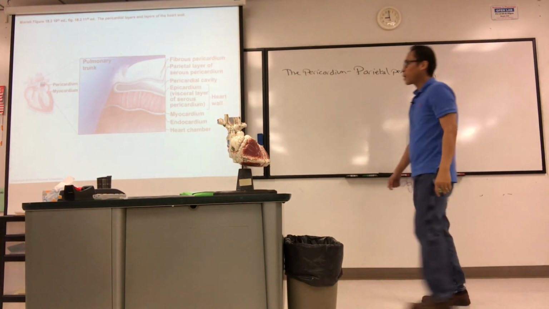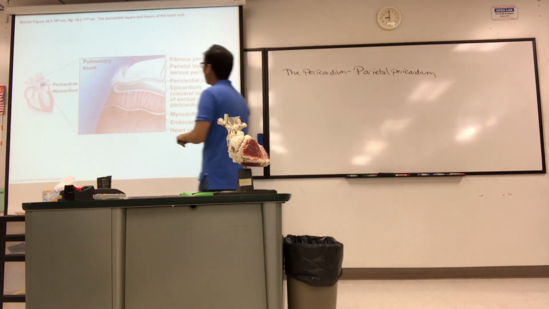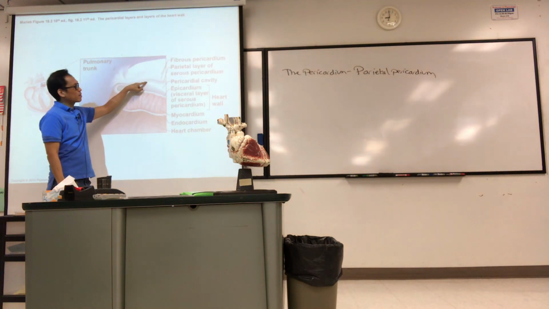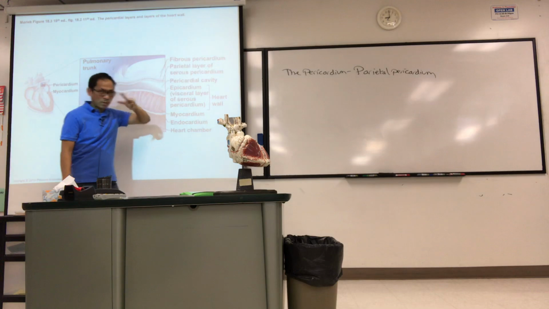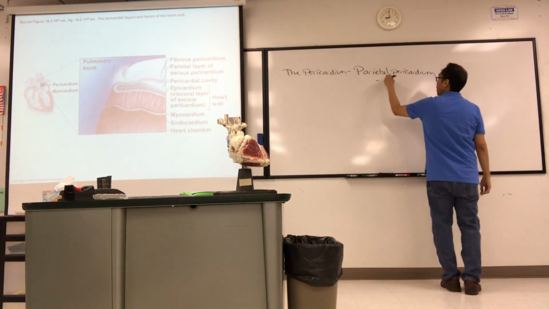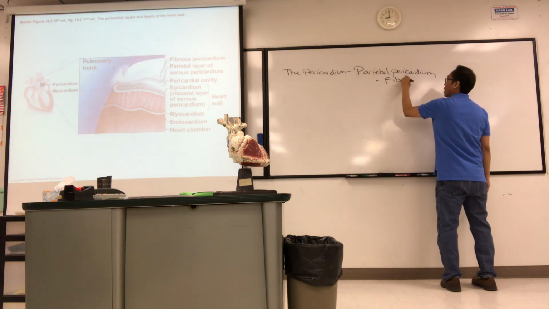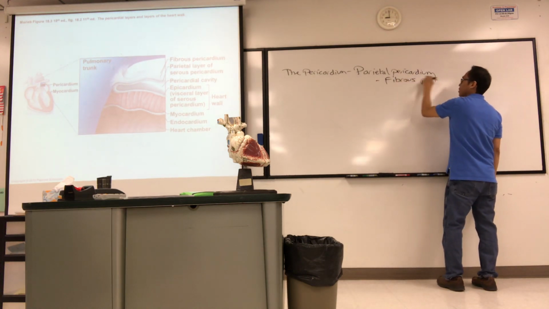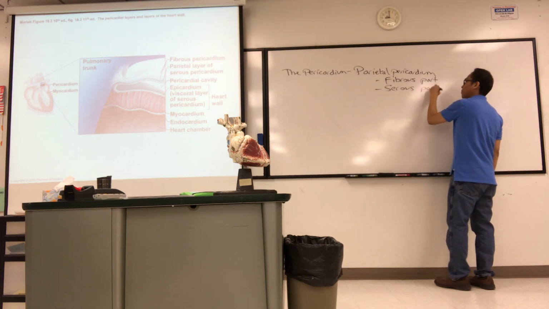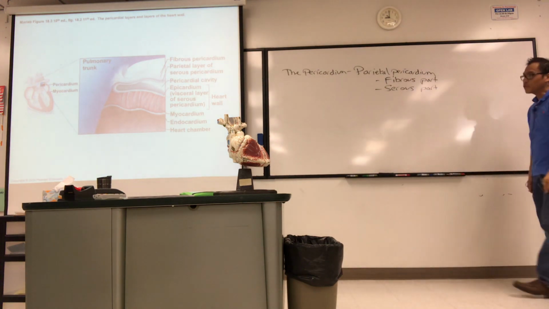Okay, so the parietal pericardium has a fibrous part and a serous part. Okay, fibrous, serous. So two parts to the parietal pericardium. Fibrous part, serous part. It's serous membrane. It means secreting serous fluid.